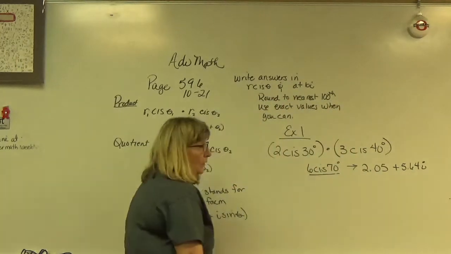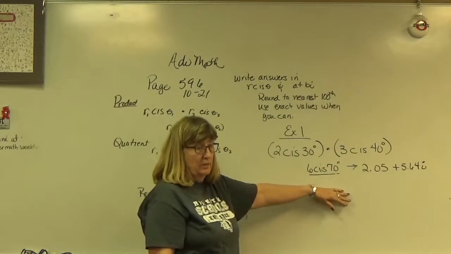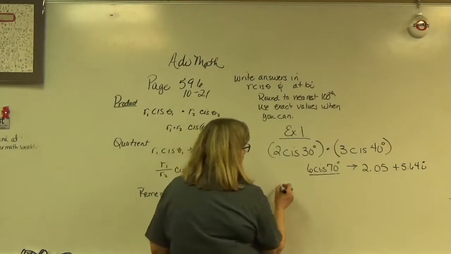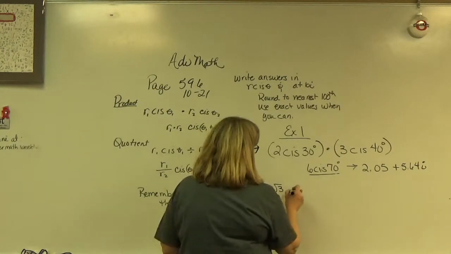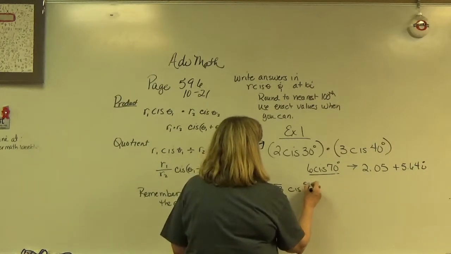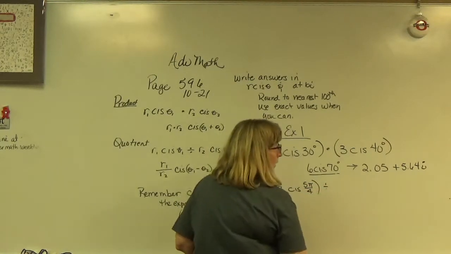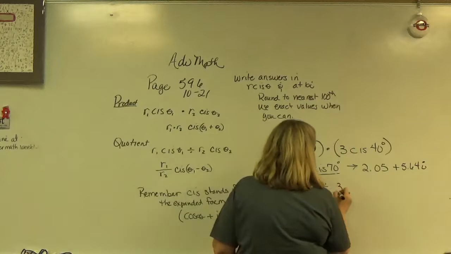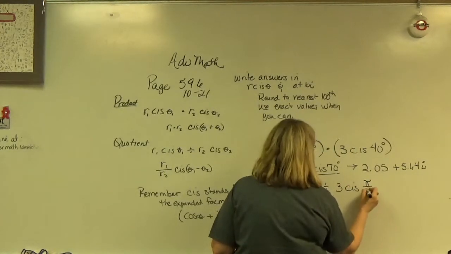Okay. Now, if it's in simple degrees, that's as easy as it gets. Now, what if I have square root of 3 cis 5 pi over 4, and I want to divide it by 3 cis pi over 2.